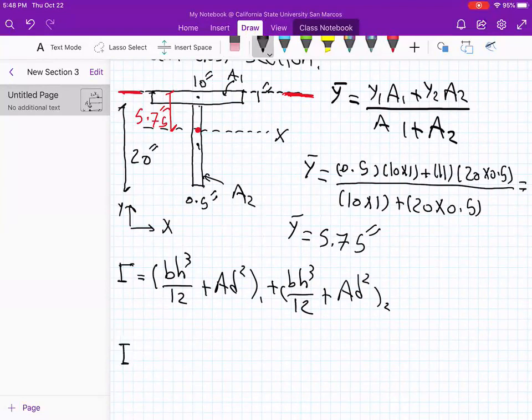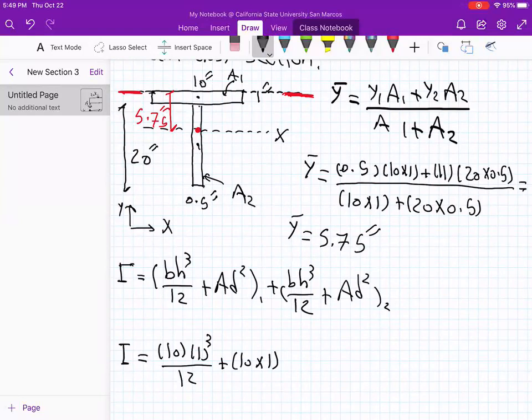B is 10, right? 10, times H is 1. A is 10 times 1. D is the difference between the center of that part and the center of the whole shape, right?